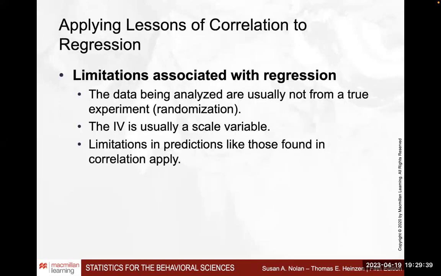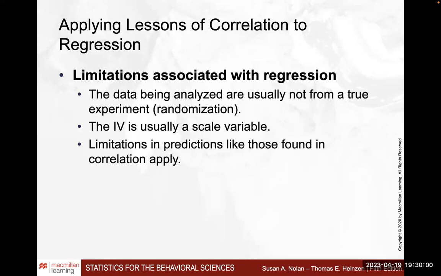Limitations are usually with regression that the data... it's not strictly true, because you can use regression models to analyze data from randomized controlled trials, and then you can establish causality.